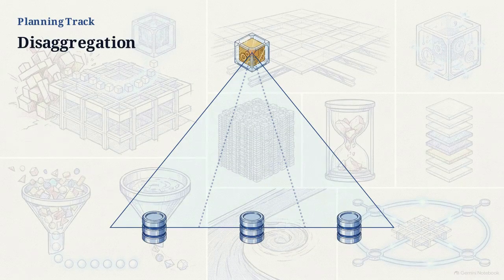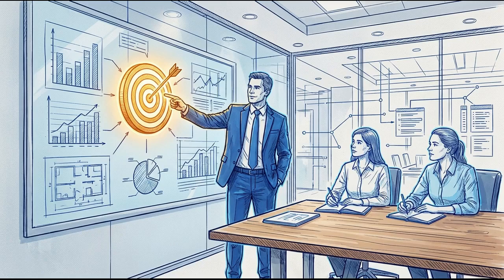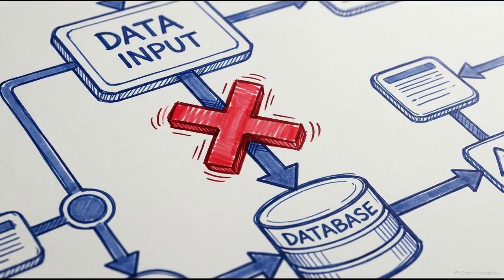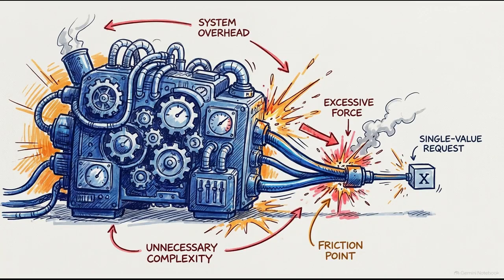When a user increases a high-level regional sales target, the SAC in-memory engine calculates how to distribute that increase down through hundreds of individual product lines and local territories. This track serves financial planning and analysis teams and operational leads who are actively setting targets. Applying a BI architecture to a planning model prevents users from submitting their adjustments, while applying planning logic to a simple BI requirement creates unnecessary system overhead.